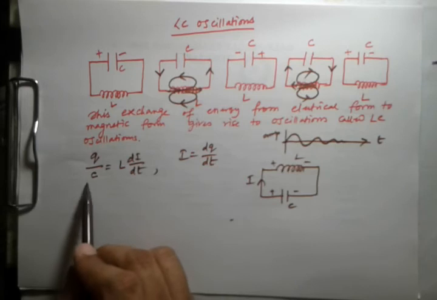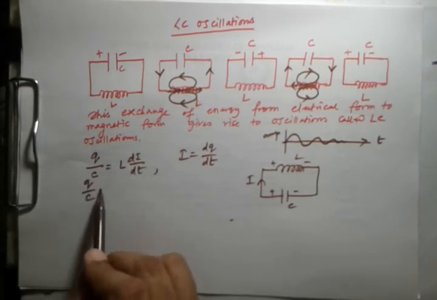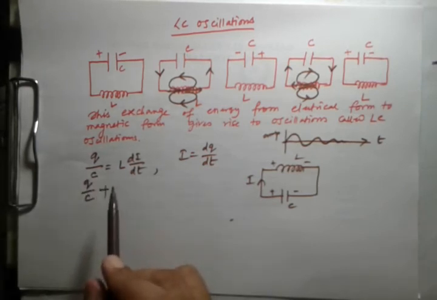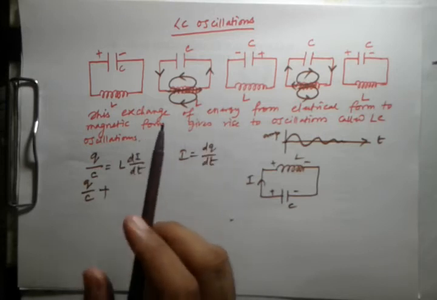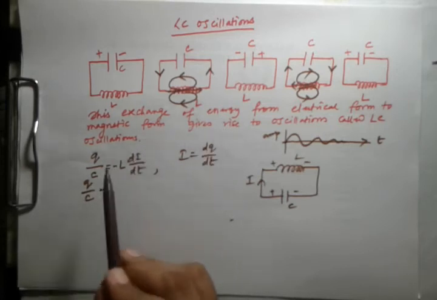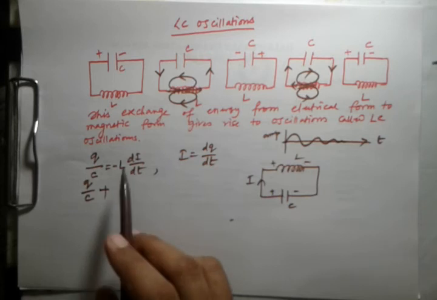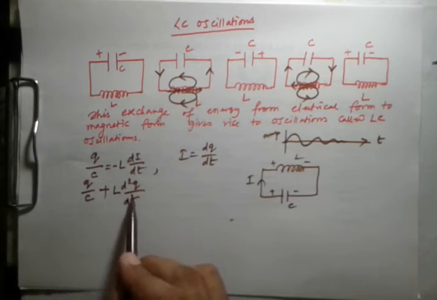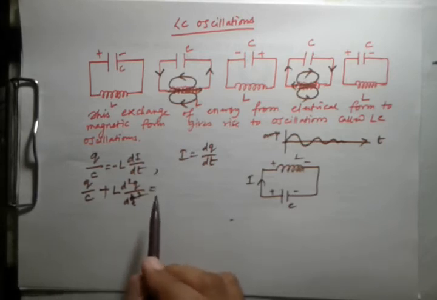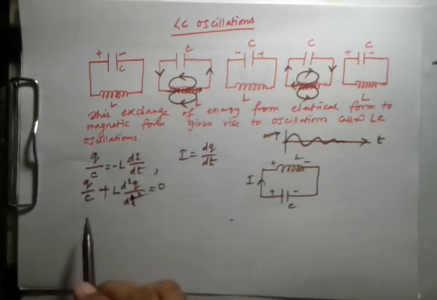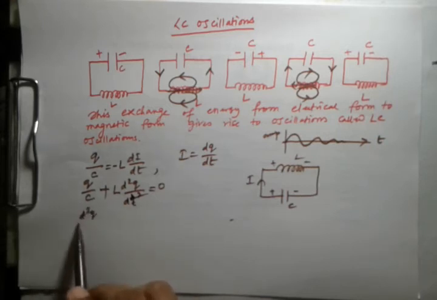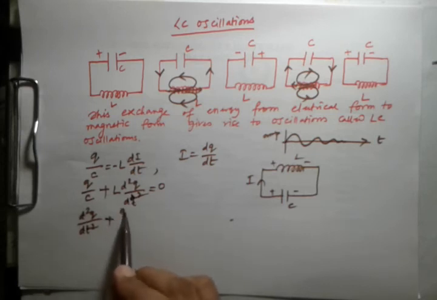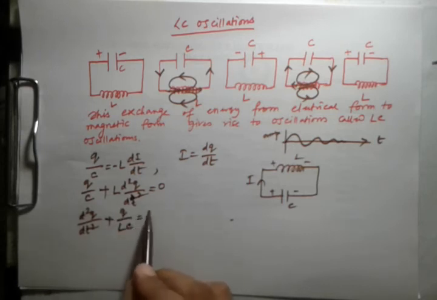So we put the value here: Q by C plus L d2q by dt square is equal to 0, or you can write d2q by dt square plus q by LC is equal to 0.